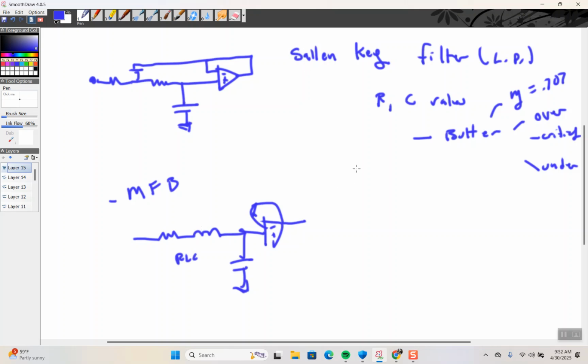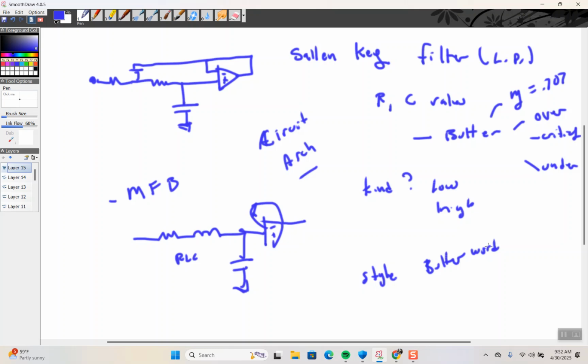We can just call that the circuit architecture, right? Then you have what kind of filter? Low, high, right? And then we could just call it the style, one of which is Butterworth.